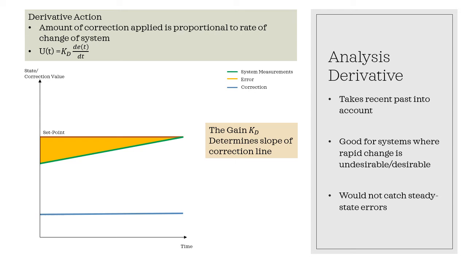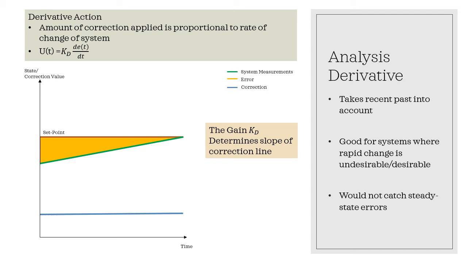What if the state of our system is not changing? What if we're steady state away from our set point? What's the slope of a straight horizontal line? It's zero. We'd have no correction applied because no matter how large our gain, our error function gives us zero, so a high number times zero is just zero again, so we're not going to get any kind of correction.